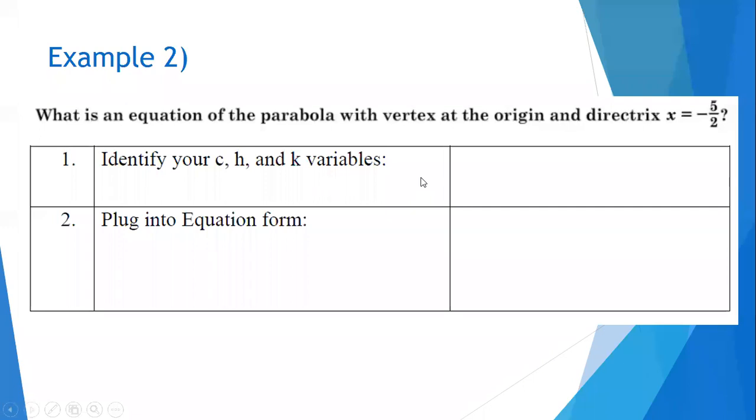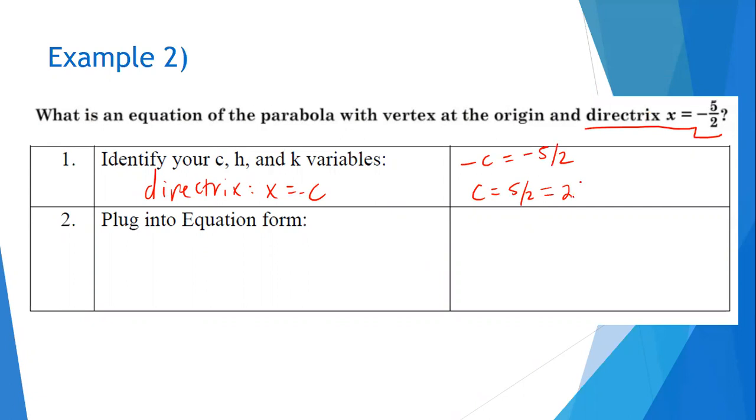Okay, so in this problem, just because our directrix is a fraction doesn't change anything. So still using our directrix rule, which says that x equals negative c, we know that negative c equals negative 5 halves. So c equals positive 5 halves, or you can write it as 2.5, right?